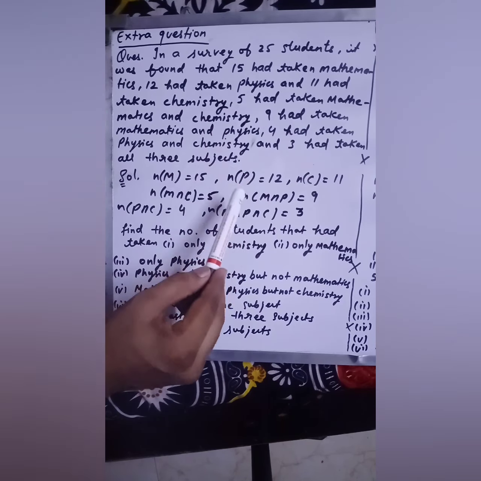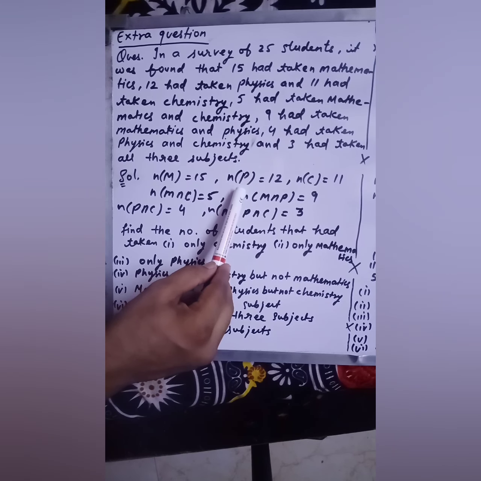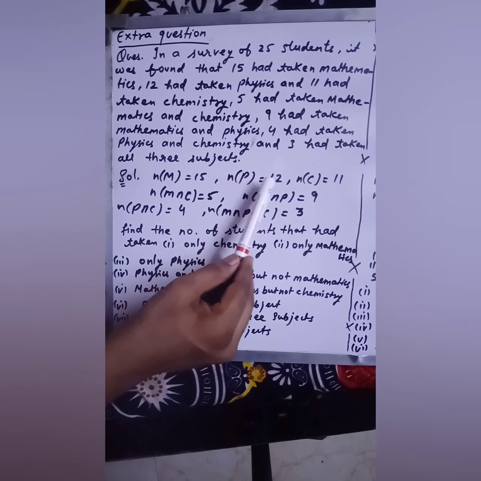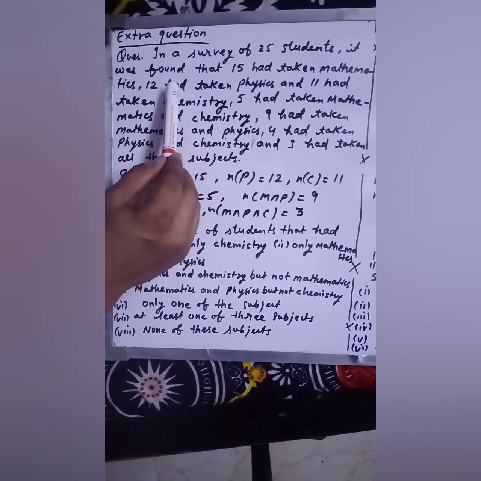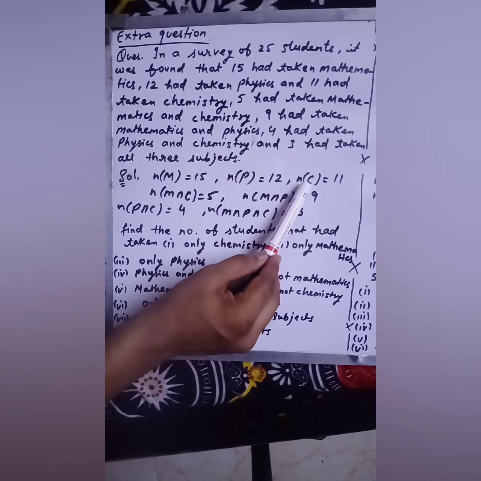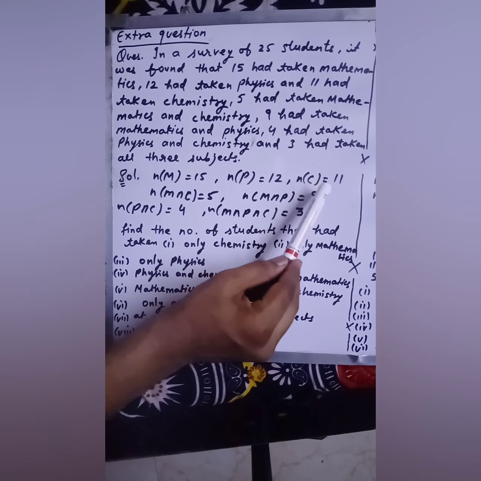Physics I'm representing by capital P, and n represents the number of students, so n(P) is equal to 12. And 11 had taken chemistry, and C stands for chemistry. So capital C I'm taking for chemistry, and the number of students who took chemistry equals 11.